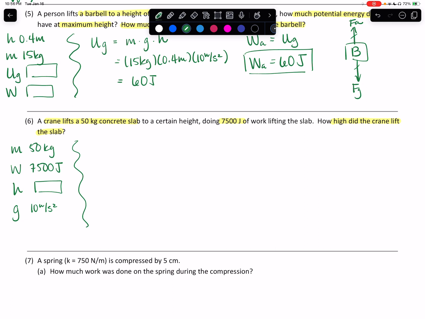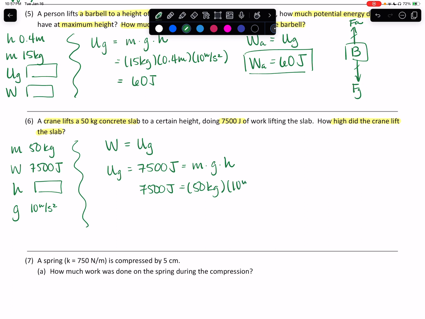Now remember, using our work energy theorem, the work that the crane did to lift that concrete slab to this height is equal to the potential energy that the slab has at that height. So that potential energy must be equal to 7,500 joules, and that's equal to mass times gravity times height. So 7,500 joules equals 50 kilograms. That's a really light concrete slab.